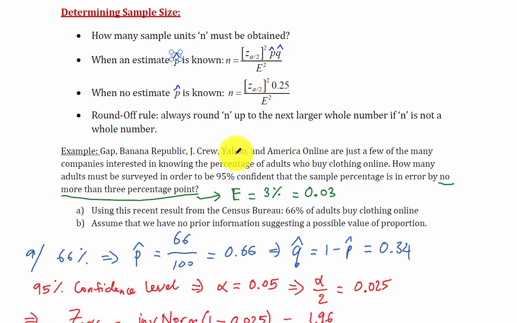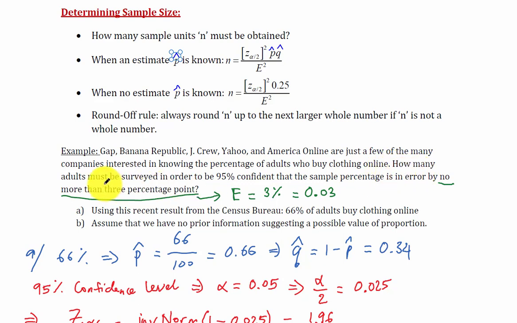Now let's take a look at the first example. Gap, Banana Republic, Crew, Yahoo, and America Online are just a few of the many companies interested in knowing the percentage of adults who buy clothing online.